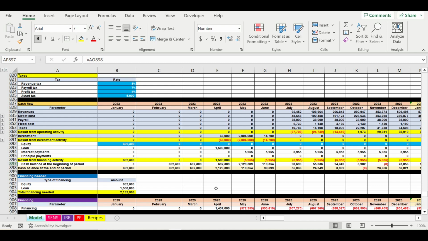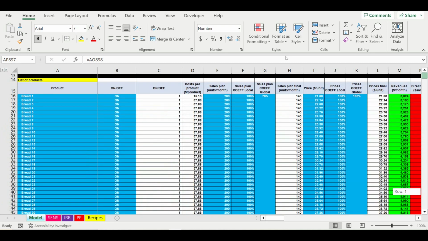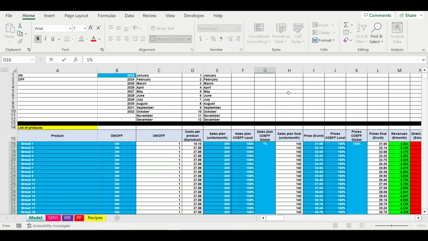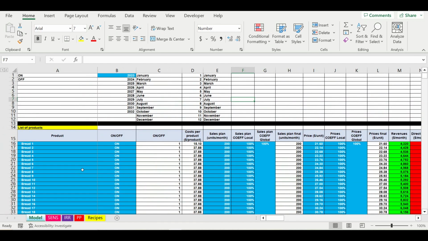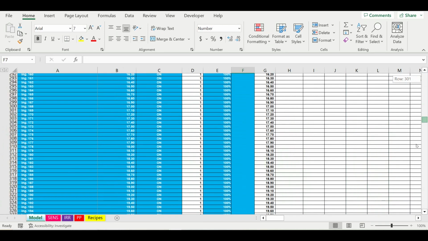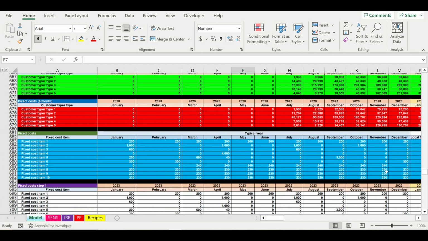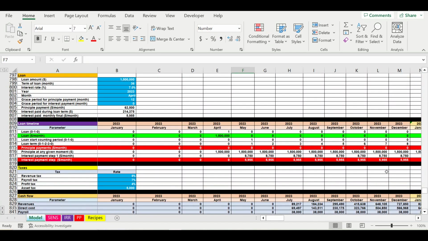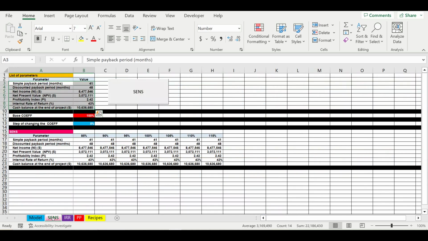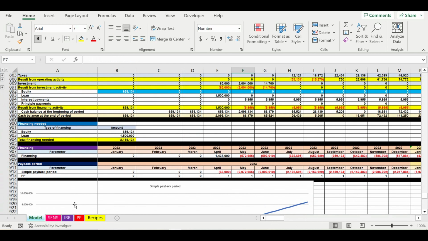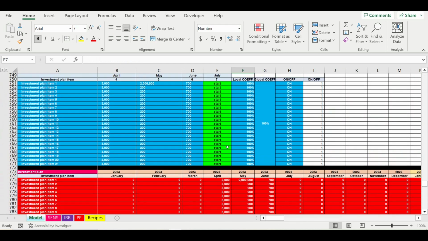So let's set up the base values. And then usually the entrepreneurs move to the sensitivity analysis, and they start, for example, adding coefficients to the investment plan.